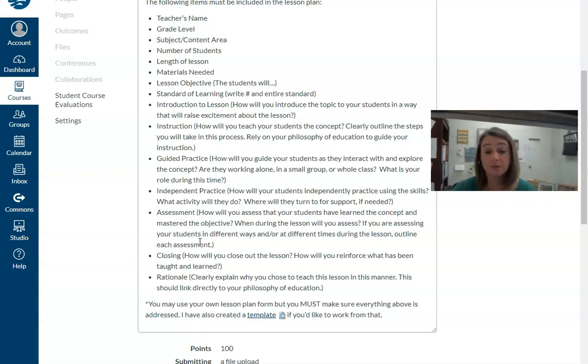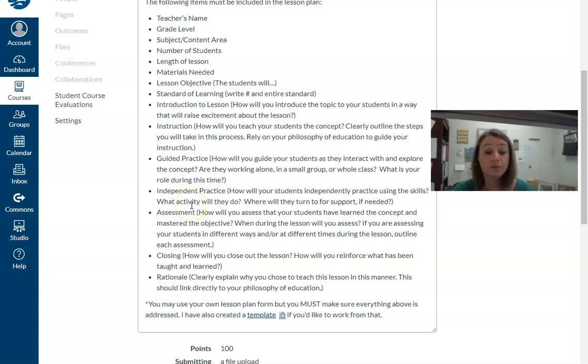So it really is personal preference for you. But if you're using something that's already been developed, just make sure that all of these are covered. If you do not have one that you're using, I did create a template that has all of these in it, and so that way you can just type directly into it.